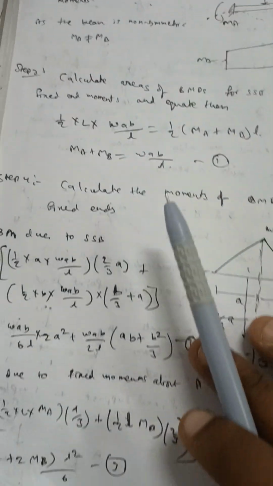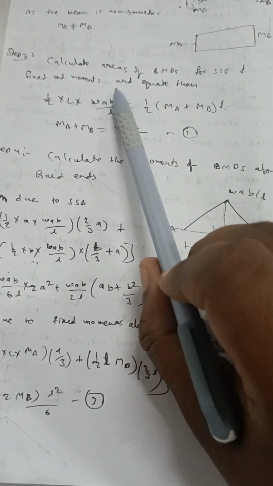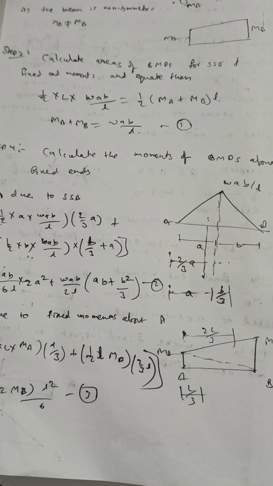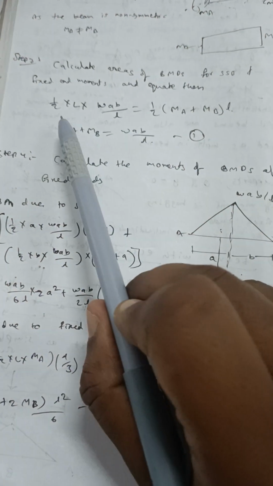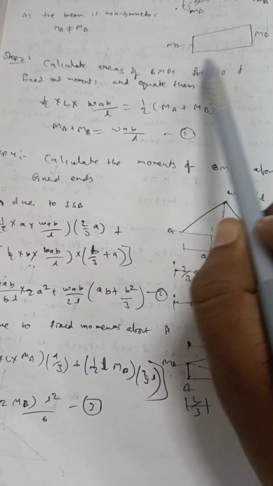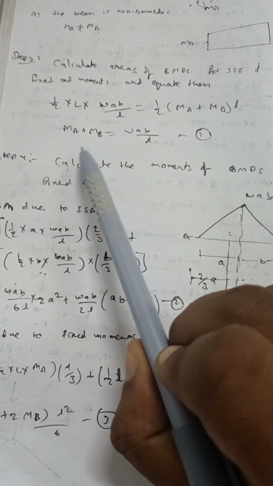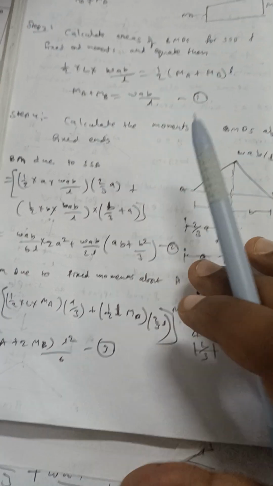Next step, calculate the areas of the bending moment diagrams for the simply supported case and the fixed end moments, and equate them. In the first case we have calculated the area, half into L into WAB by L. Here the area of the trapezoid is half into MA plus MB into L. From here we can write MA plus MB equal to WAB by L. Let it be equation number 1.